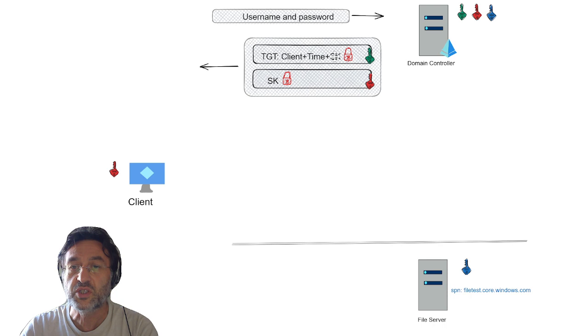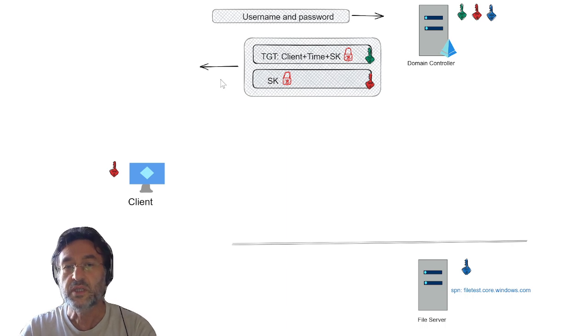This session key is a special key used to communicate in encrypted way between the client and the domain controller. The entire TGT is encrypted using the domain controller key, so this information is totally dark for the client. The client gets this message and cannot access it because it's totally encrypted.